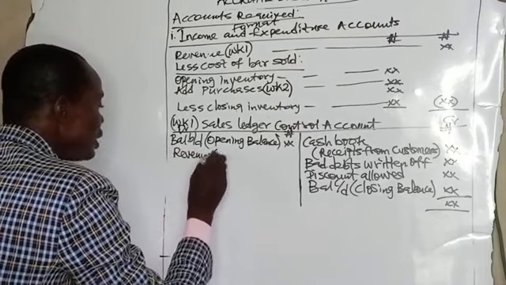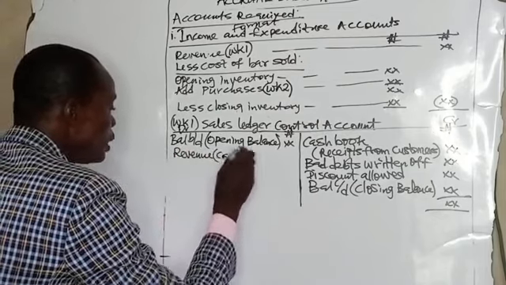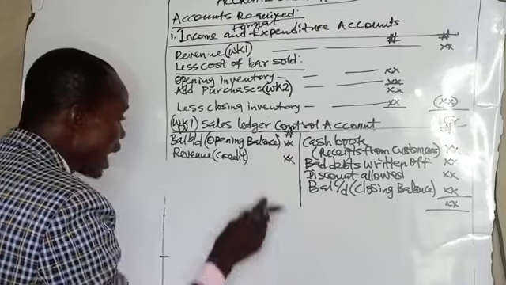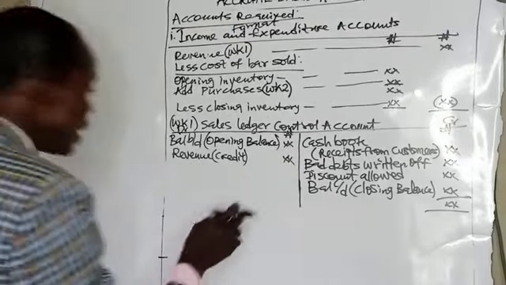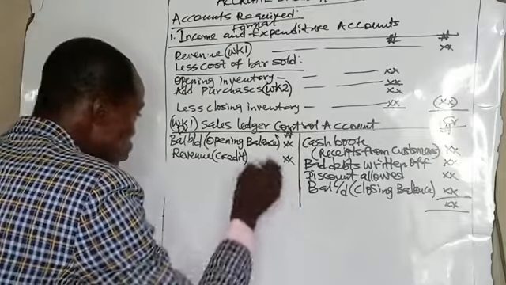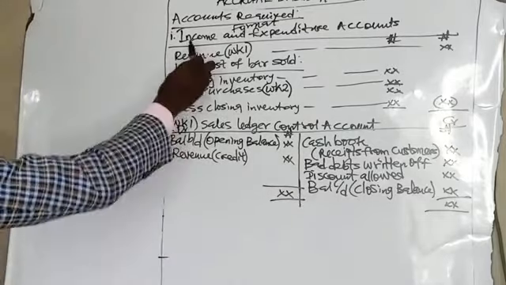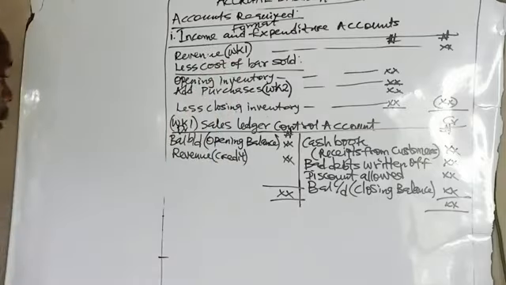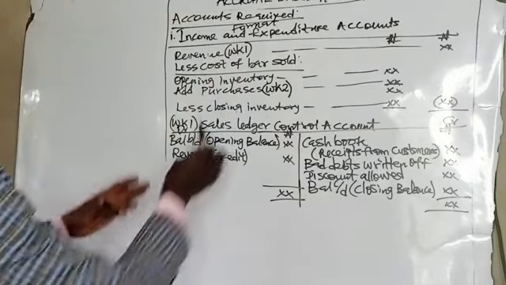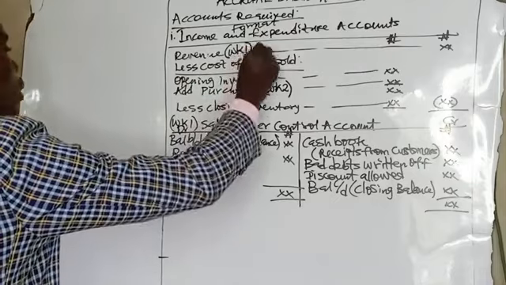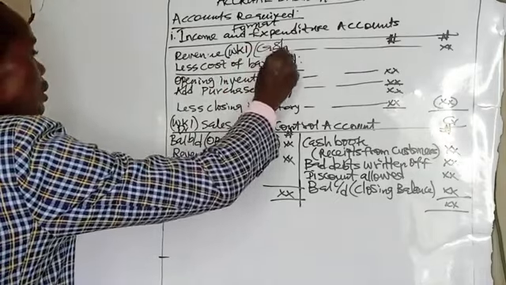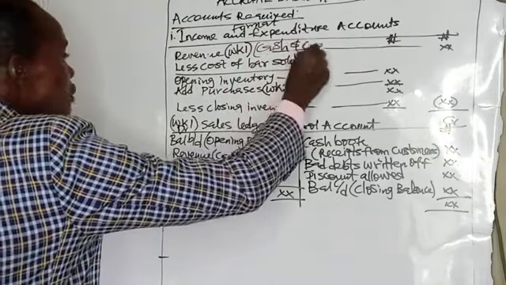That is credit revenue, the one on credit. In case you have cash revenue at the debit side of the receipts and payment, you add it to it. So it is the total revenue that will now be recorded in the income and expenditure account. The total revenue that will be here will comprise both cash revenue and credit revenue.